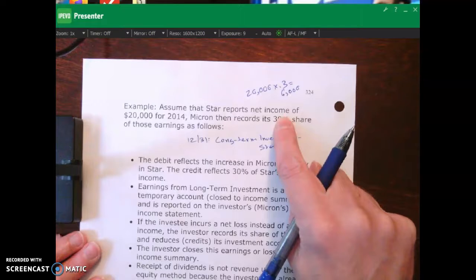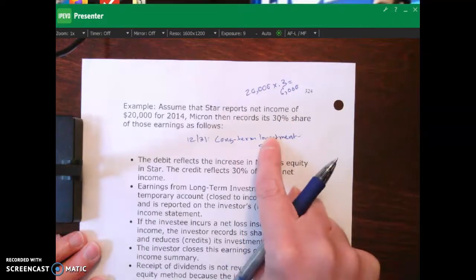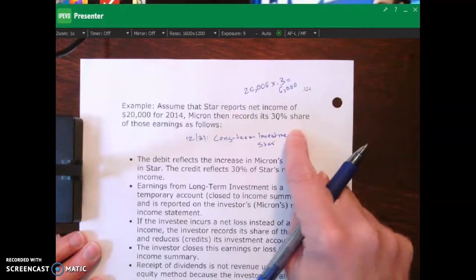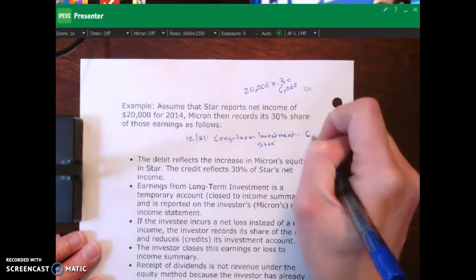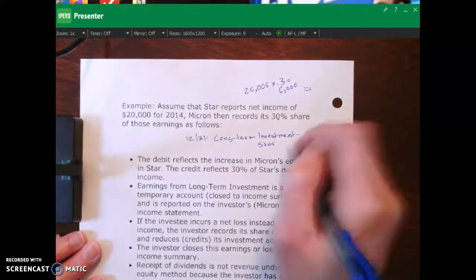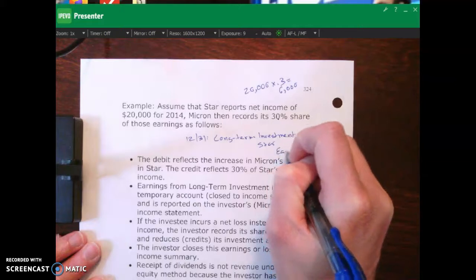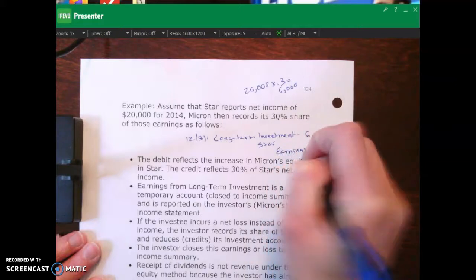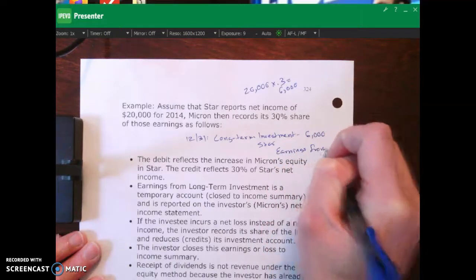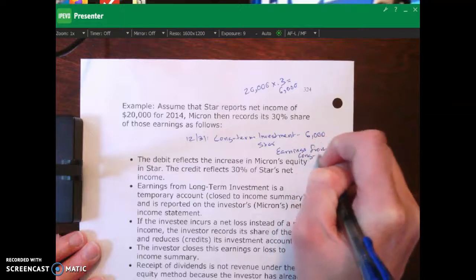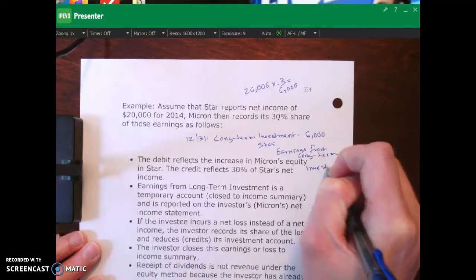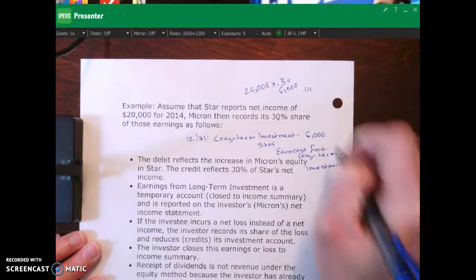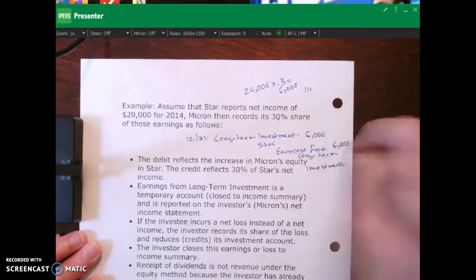We have 30% share, so our investment in Star has also gone up by 30% of that $20,000, by $6,000. And then we would credit earnings from long-term investments for $6,000.